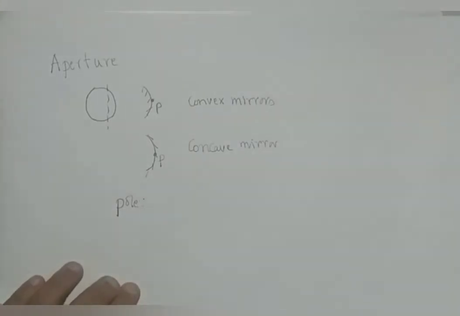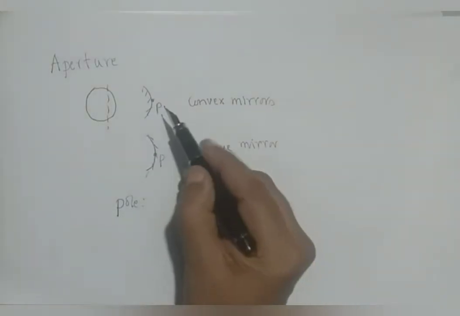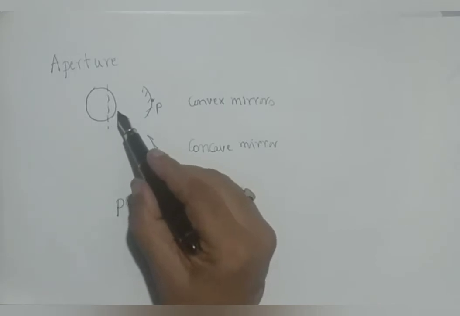So, pole is there. Another term we want to learn here is curvature. As its word suggests, curvature means how much it is bending. So, if it is more bent, more curvature; less bent, less curvature. Now, using that word curvature, we define two more things. First of all, as we said, this mirror is a part of a sphere.